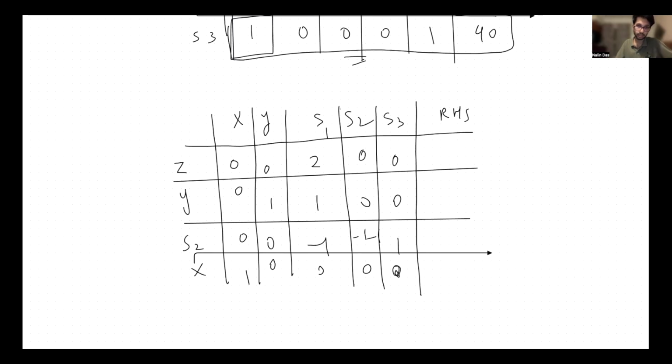So this is minus 1, this is minus 2, this is 1, this is 1, and this becomes 160, 20, 20, and 40.